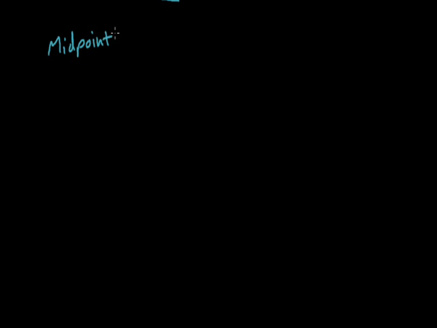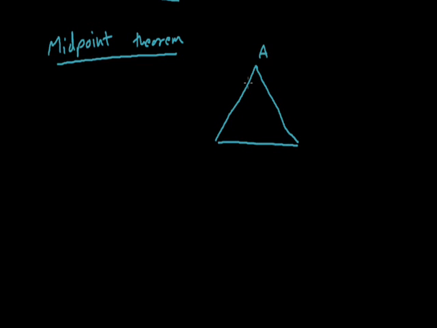Now there is one more important theorem, that is the midpoint theorem. What is the midpoint theorem? That is, if we have a triangle, let's say triangle ABC, and D is the midpoint of AB, and E is the midpoint of AC. Now when we connect the midpoints of the two sides of a triangle, that is D and E, by a straight line, then this line is parallel to the third side, and the length of this side DE is half of BC.